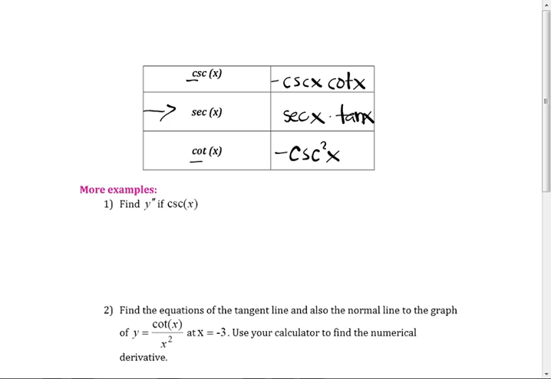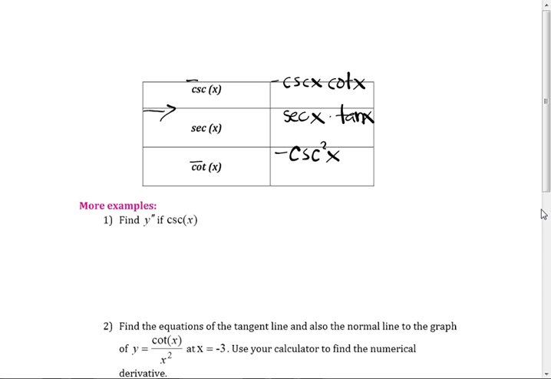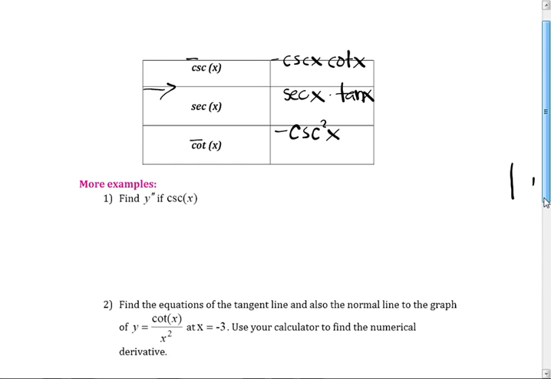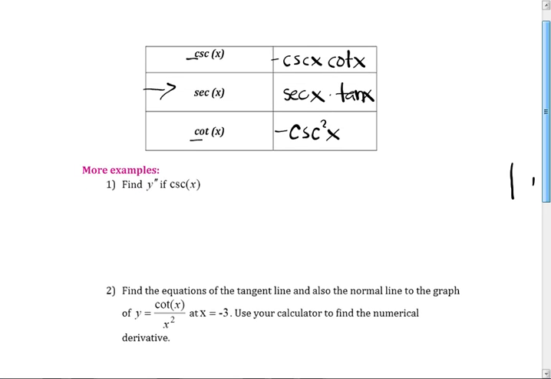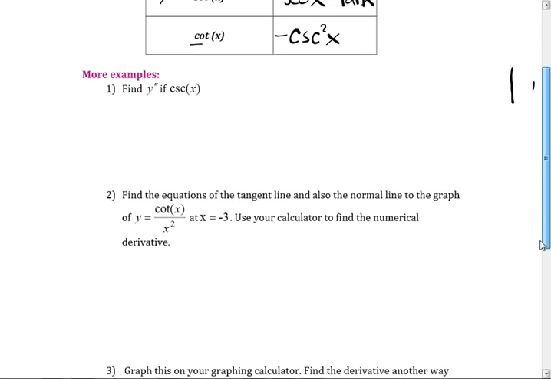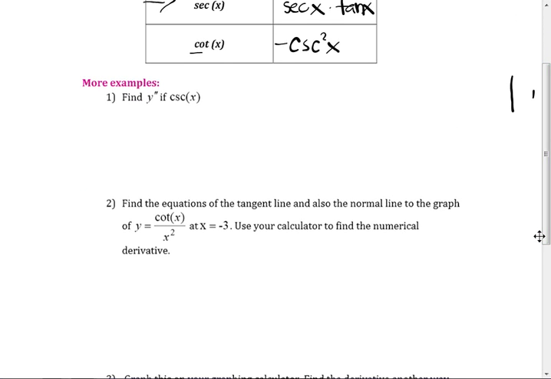Now, the derivative of cosecant is, whoops, I hit the wrong thing. There we go. Let's find the second derivative, and we'll do this one. We don't quite finish it, but we'll do it.